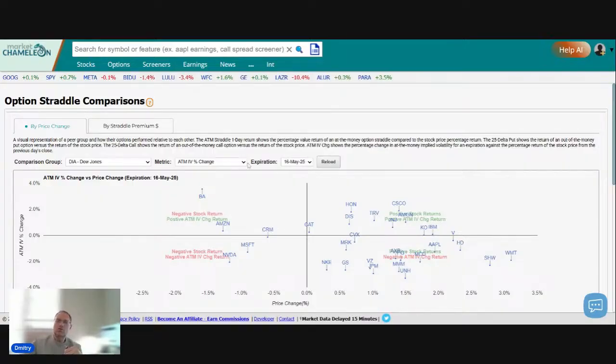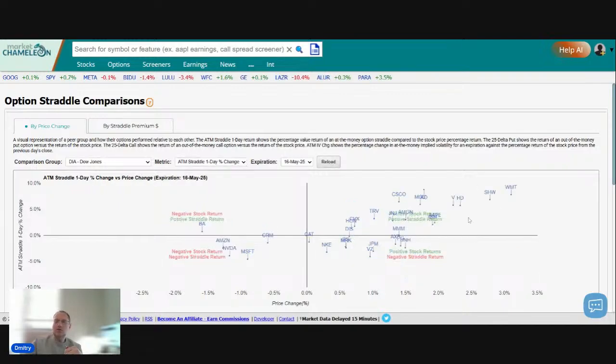Same thing with at the money straddles. Let's say we want to look at the at the money straddle, May 16th, just reload it, and that will bring up the at the money straddle change. One more thing we could look at is the current premium in the straddle.